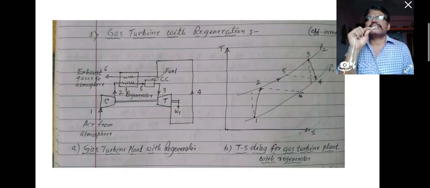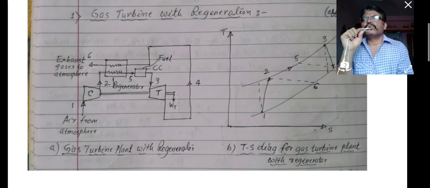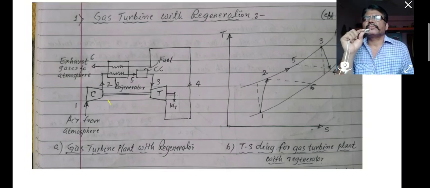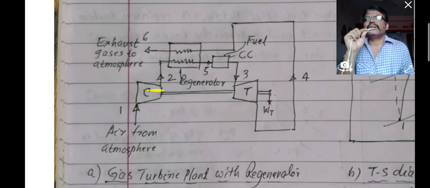Now it is gas turbine with a regeneration. So again 1 to 2 compressor, 2 to 3 the combustion chamber.